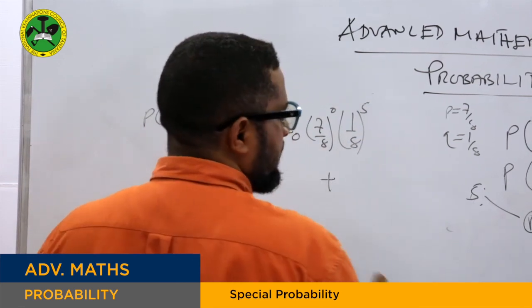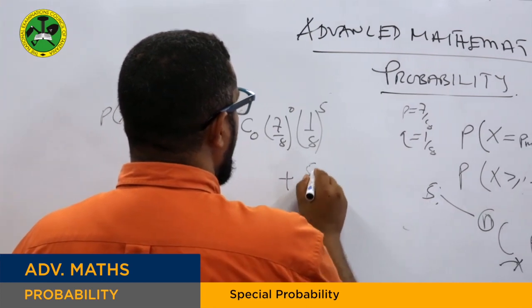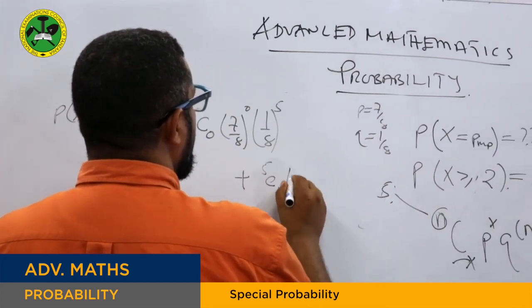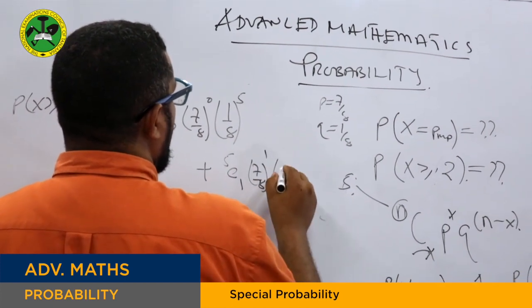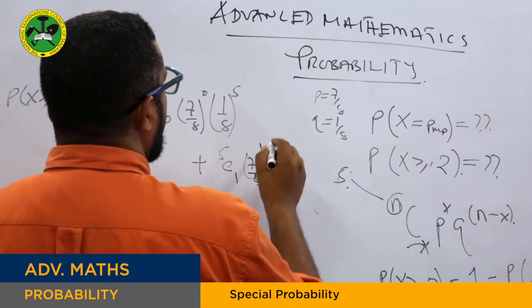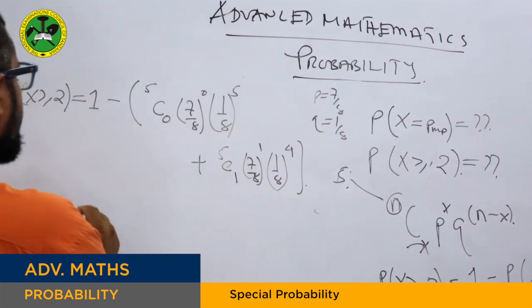We plus when x equal to 1. So it is 5 combination 1, 7 over 8 to the power of 1, 1 over 8 to the power of 4. Then use your calculator to simplify.